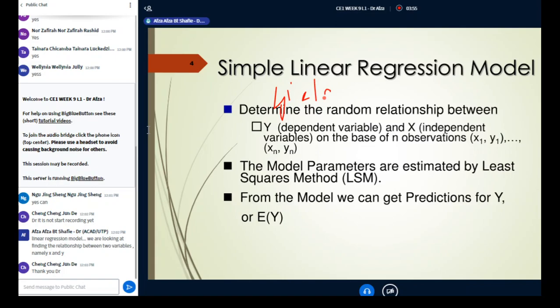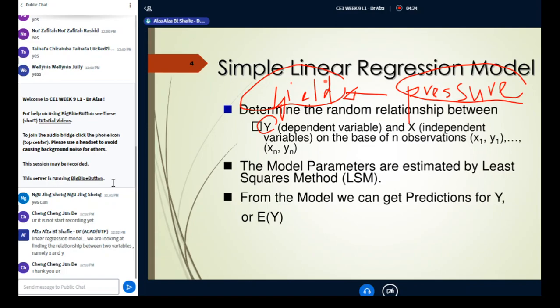So the yield is your dependent variable, that's the y. And pressure is the one that you would like to see, that means this is your independent variable. So we are saying that the yield is dependent on the pressure, or the pressure contributes towards the yield.